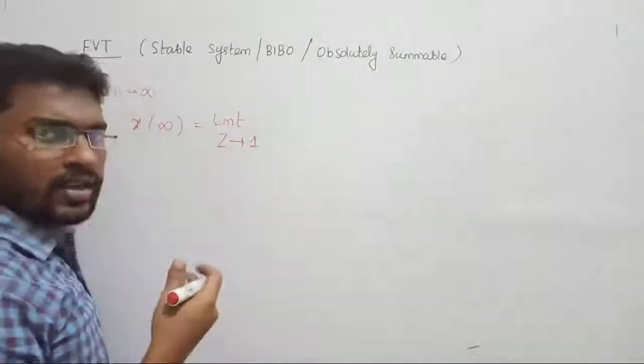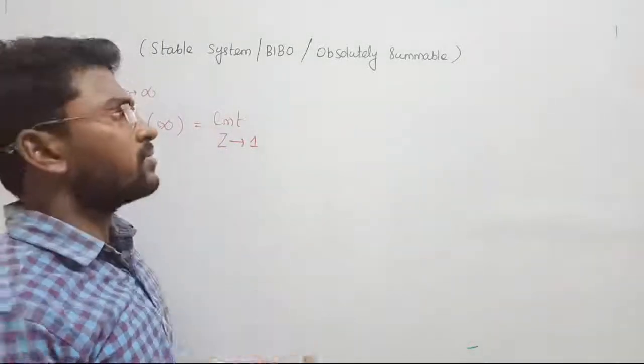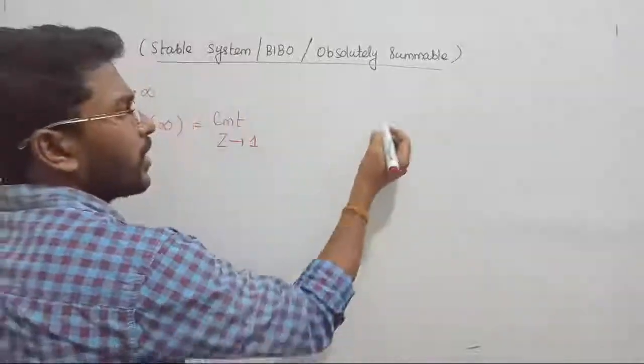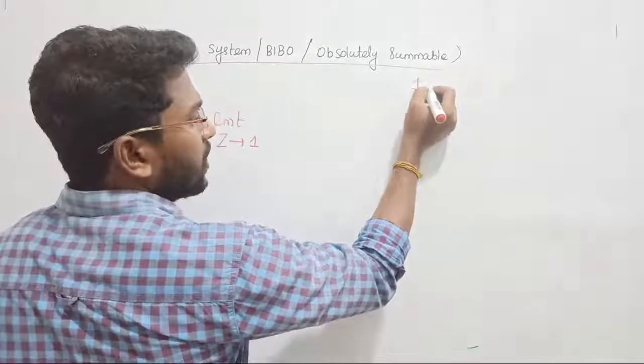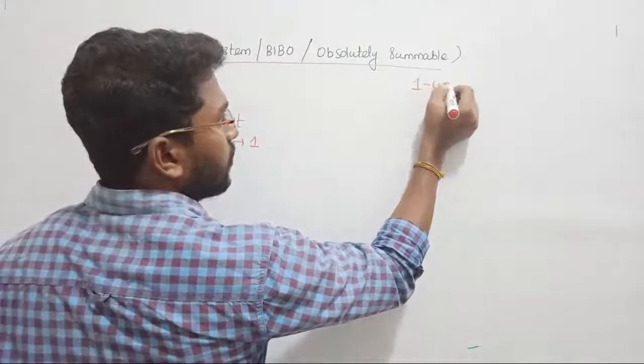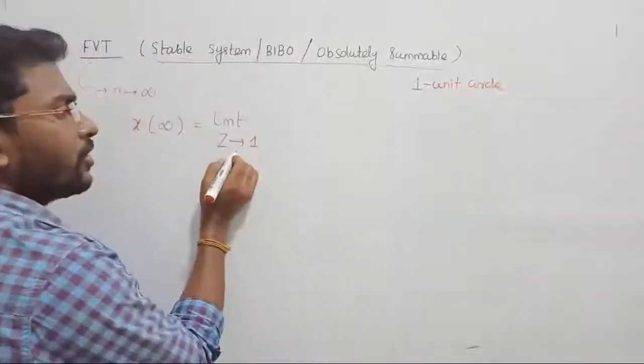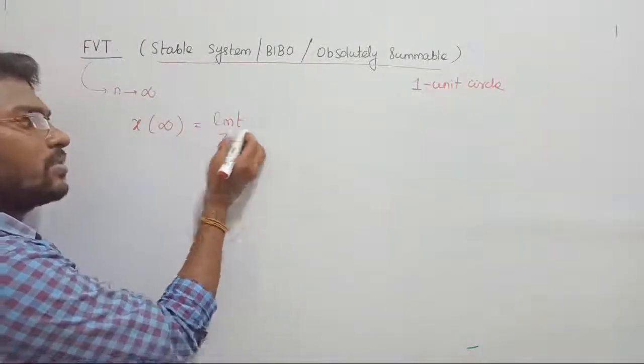Because we are considering what? A stable system. A stable system means we have to consider the unity circle. If the unity circle lies within the region of convergence, then only can you proceed further. So we are always trying to estimate the value or stability of the system at z equal to 1 only.